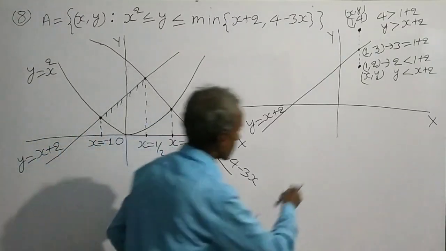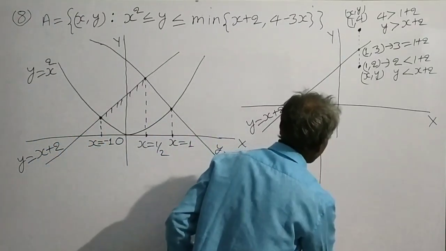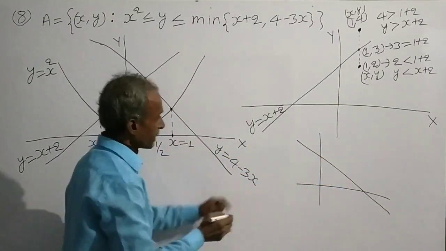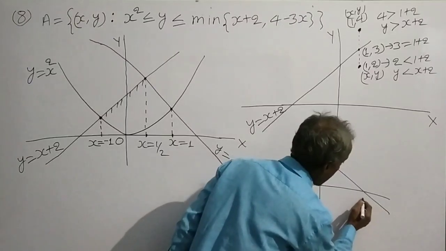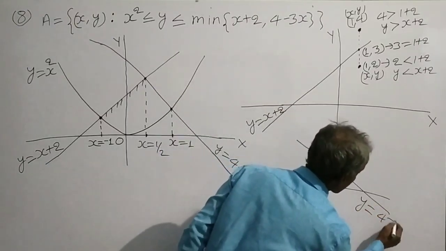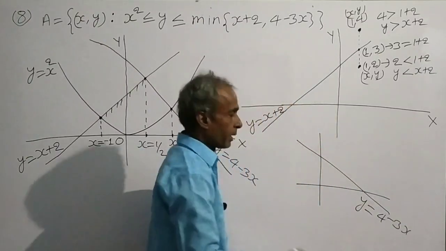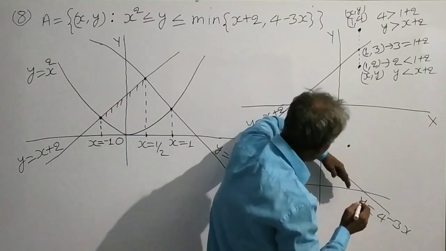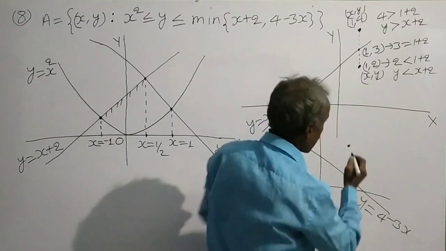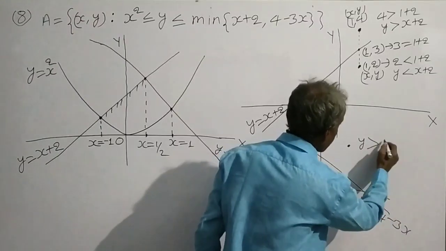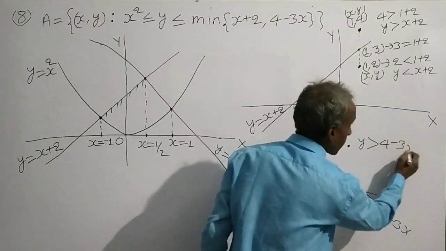Similarly, we can see that for the line y is equal to 4 minus 3x, any point lying on this side of this line will satisfy the condition y greater than 4 minus 3x.